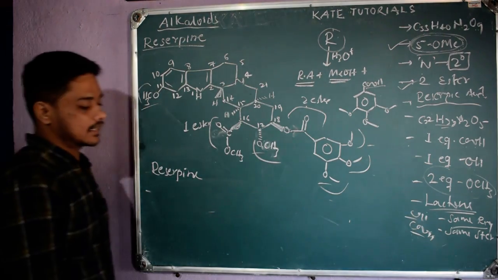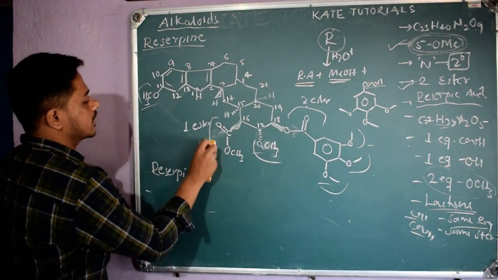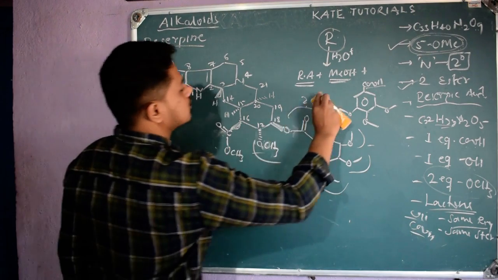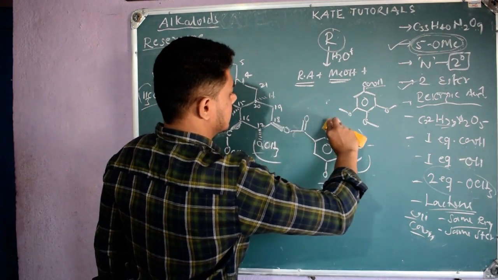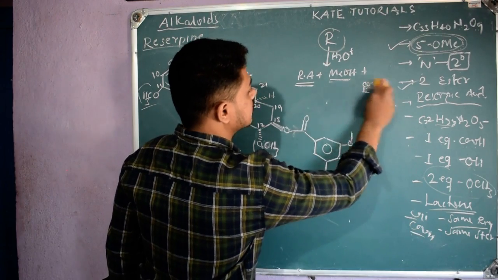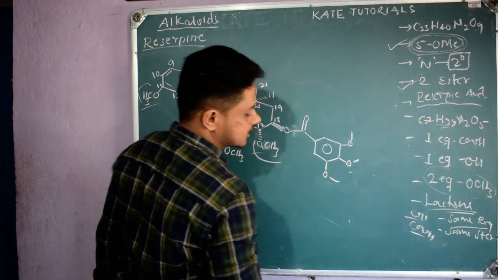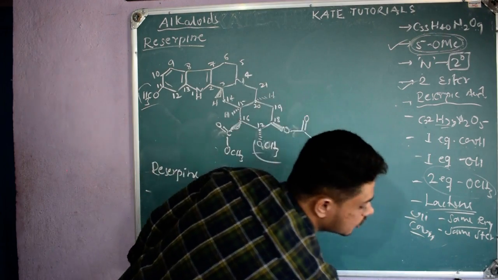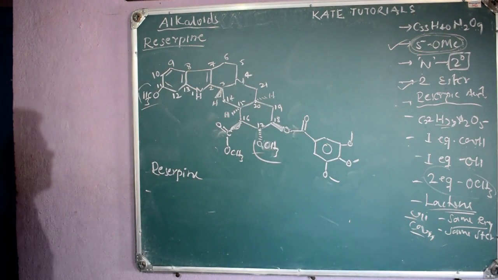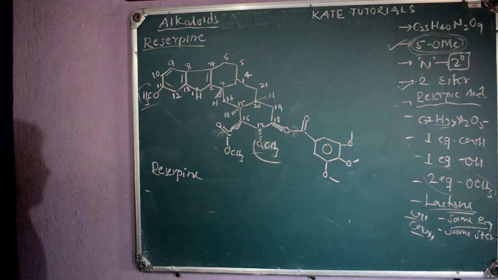So this is the structure, and the numbering they have also given. So let me erase all this. This is the reaction, so nicely we got this structure of reserpine after all those chemical degradation methods.